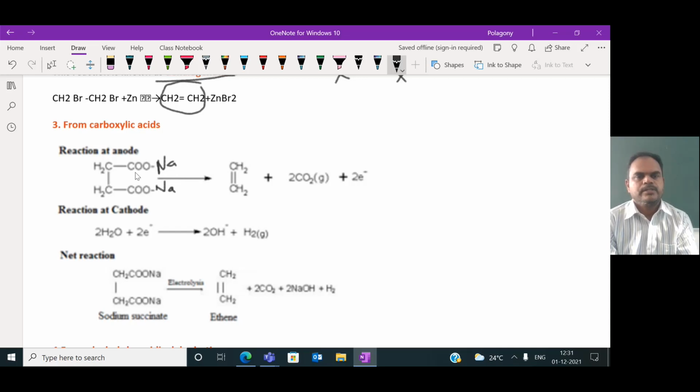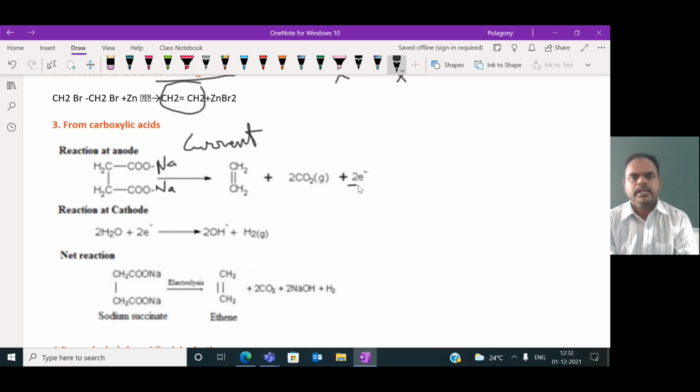And when this compound is subjected to electrolysis, when current is passed through this aqueous solution, this salt undergoes breakdown into ethene, CO2 and electrons.